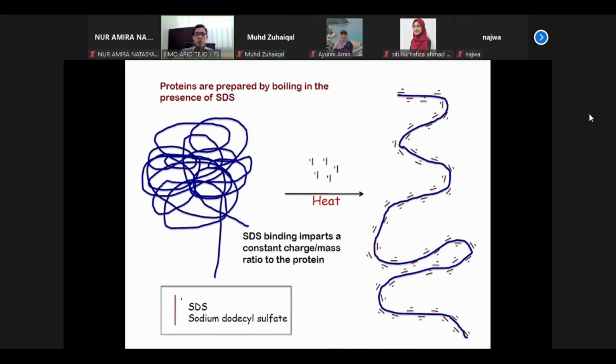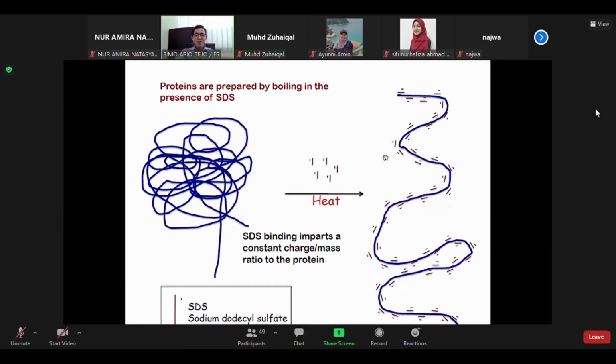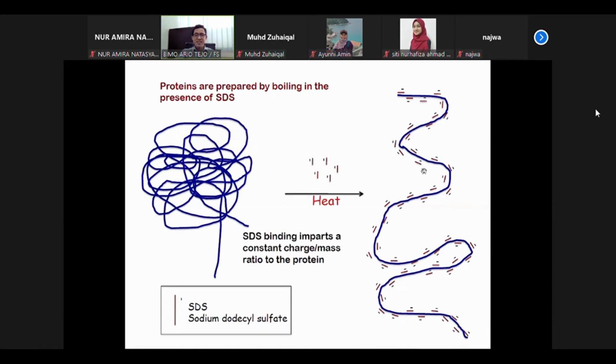So we heat the protein and add a detergent so that we open the structure of the protein. Once we open the structure of the protein, the speed of protein migration only depends on its size. Tapi kalau kita tak panaskan, kalau kita tak letak detergent, the protein will be folded.